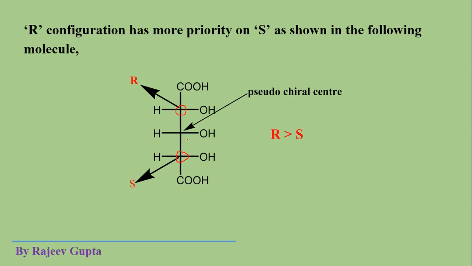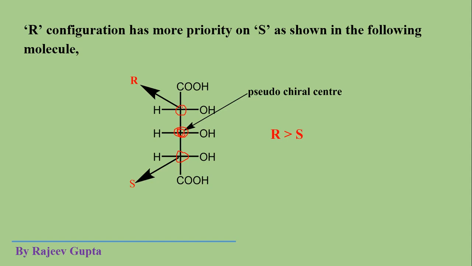But see this carbon atom: here the hydrogen atom, this hydroxyl group, and this lowest group and this topmost group are the same. See the molecule, both are the same. It means this should not be chiral. This carbon should not be a chiral carbon.